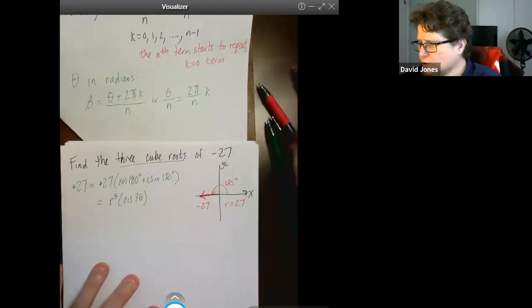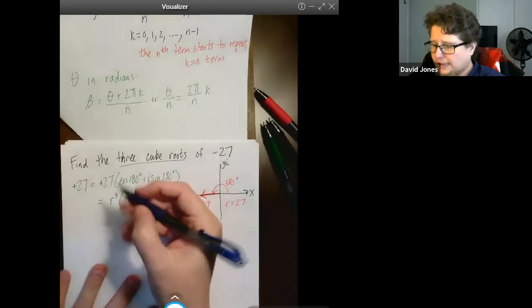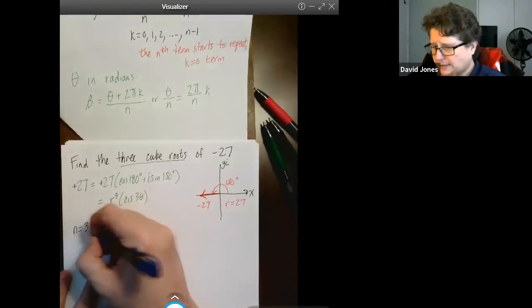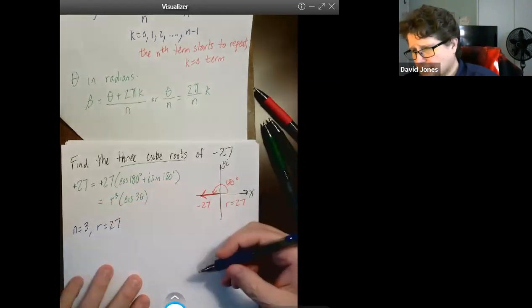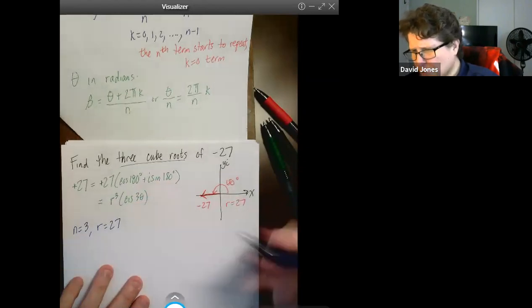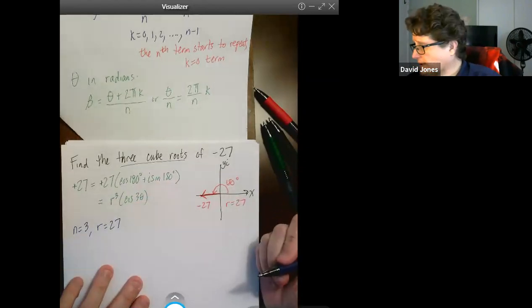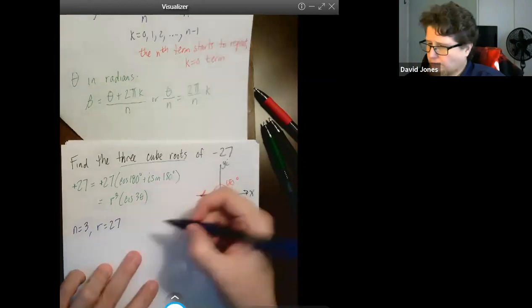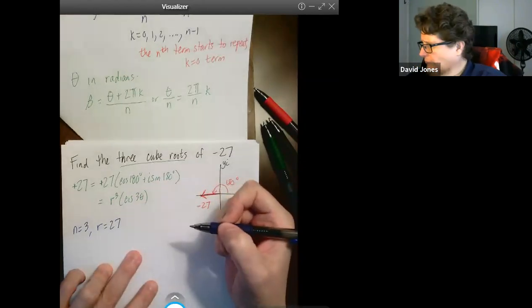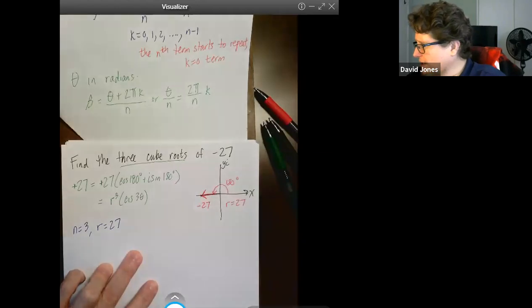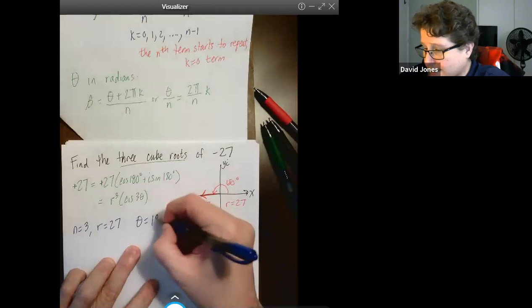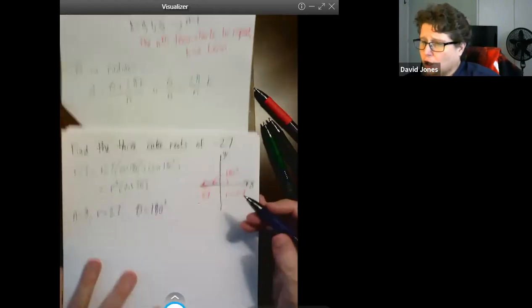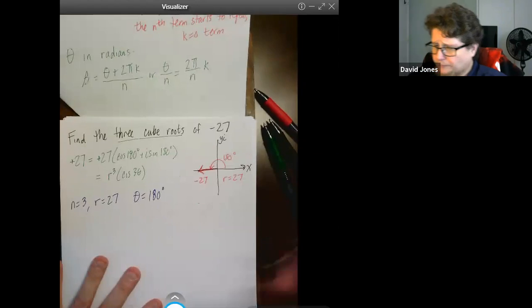So what do my letters line up with here? N equals 3, R equals 27. I'm not sure what beta equals. Oh, wait. No, it changes. It's a multiple thing. I do know theta here is 180 degrees. There we go. So what does beta equal?